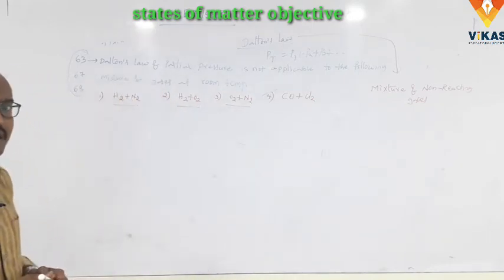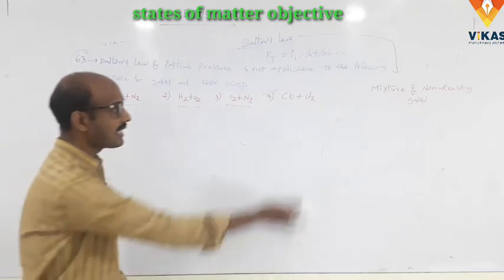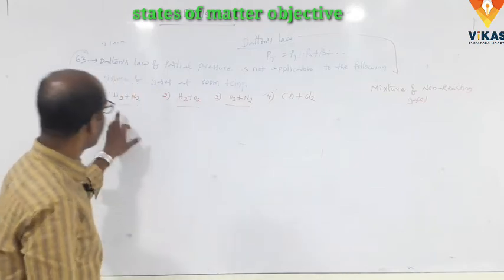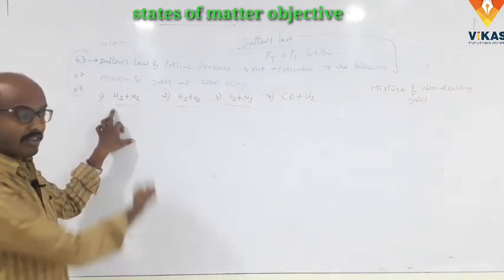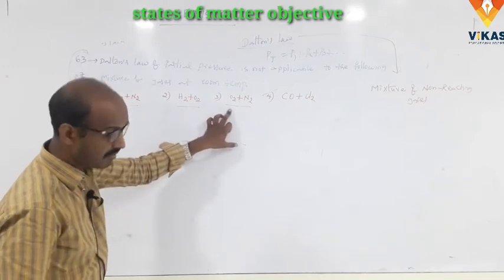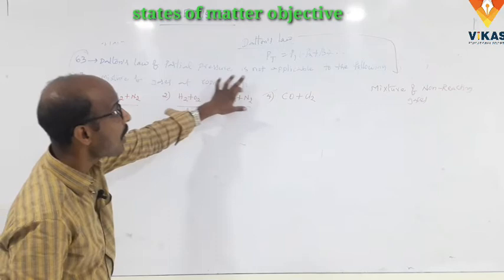But Dalton's law is applicable to only mixture of the non-reacting gases. So among these 4, first one is the non-reacting gas, second one is the mixture of the non-reacting gas, and third one also mixture of the non-reacting gas. But question ఏమన్నాడు? Dalton's law is not applicable.